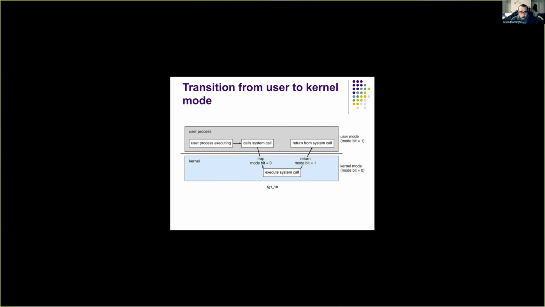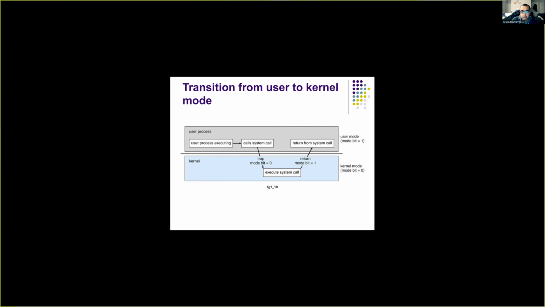The operating system knows from the arguments given to the system call assembly instruction the number for the system call, and it will execute the corresponding system call. And after the system call is executed, the control is returned back to the user process to continue execution.